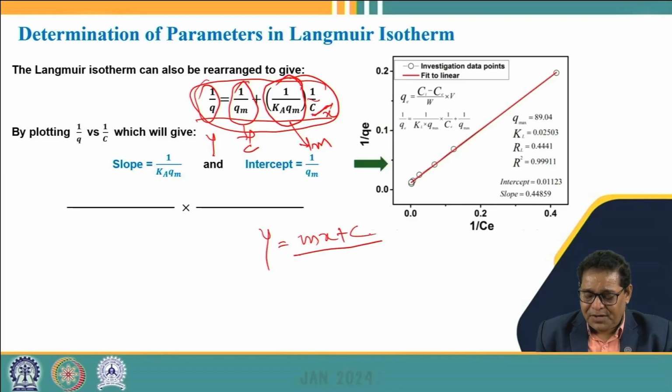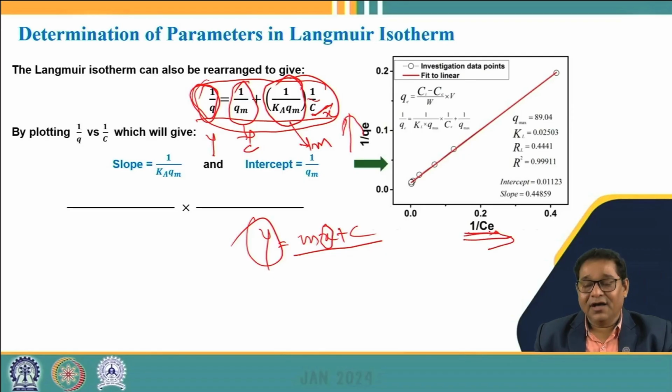If we plot 1 upon Q on the y-axis and 1 upon C on the x-axis, we will get a straight line. This line defines the values of the different parameters of the Langmuir model.